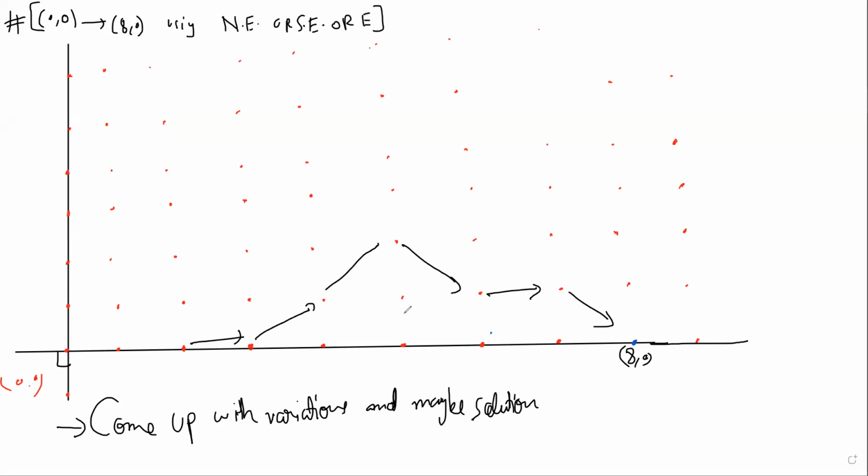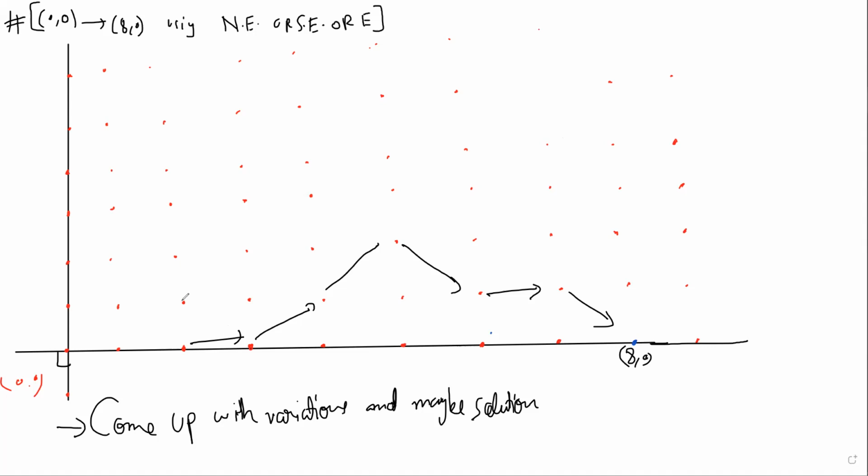Wait, maybe just give me 1 minute. Obviously this is also a question that you can think about, but I want to give something which is connected with what we have done.